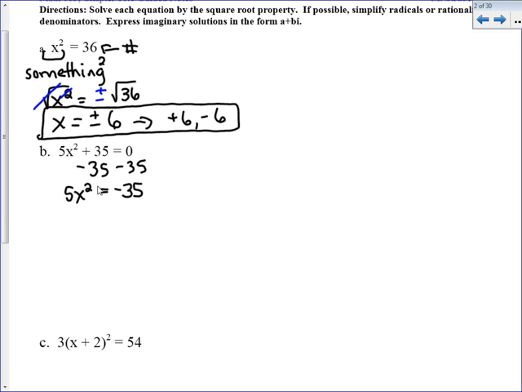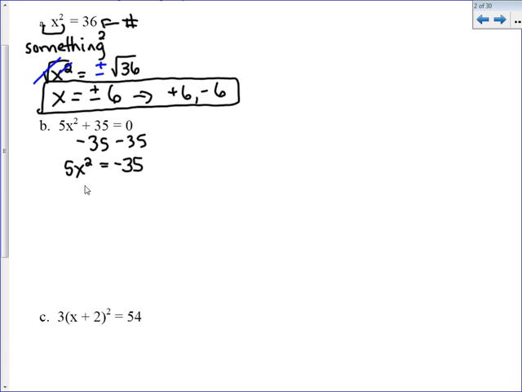The something squared is the x squared. It needs a coefficient of 1. That's the only way that you can take the square root, is if the coefficient is 1. I guess if you had a perfect square, it would work. But because the squared here is only connected to the x, I've got to keep going to get that something squared all by itself. So I'm going to have to divide both sides by 5. So now I have x squared equals negative 7. There is my something squared. It's isolated. There's no coefficient other than 1.